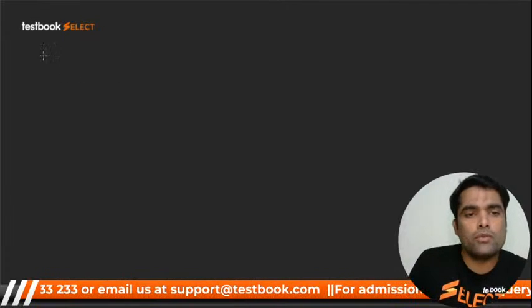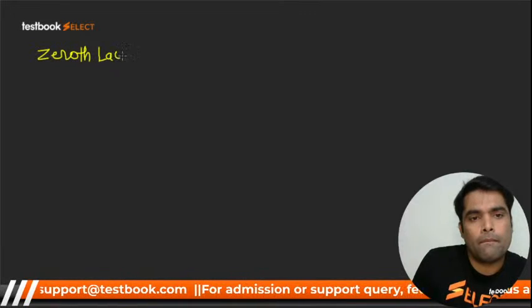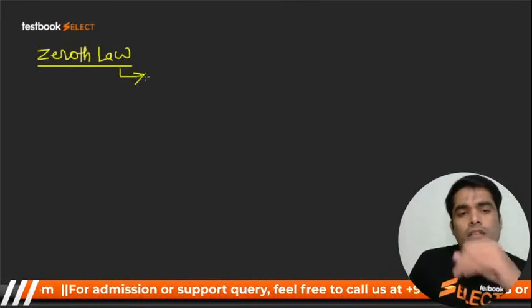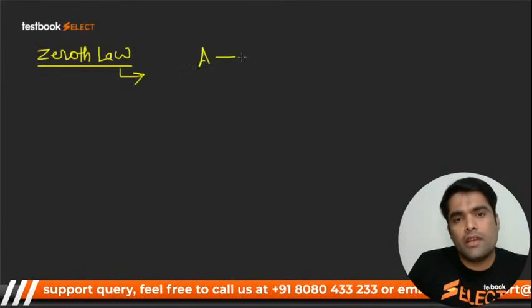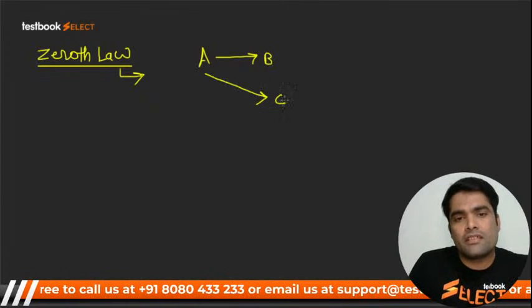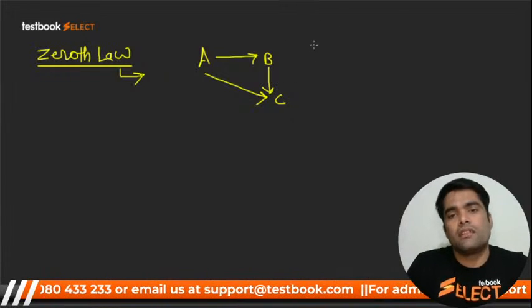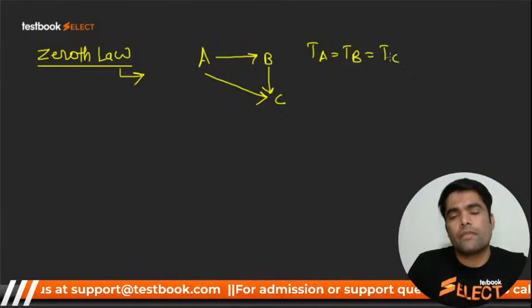Then, my dear, we come to the zeroth law. The zeroth law said that suppose A is in thermal equilibrium with B. At the same time, A is also in thermal equilibrium with C. Then these three are in thermal equilibrium with one another, that is, TA is equal to TB is equal to TC. Right?